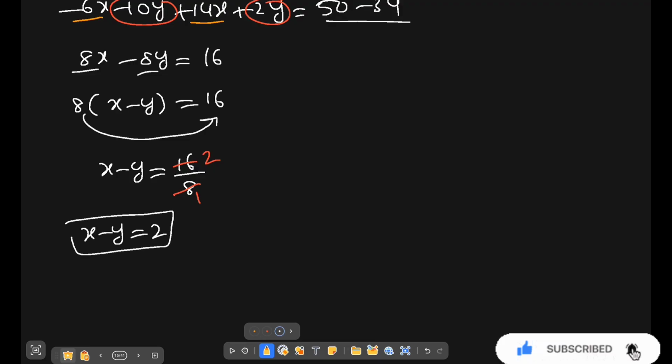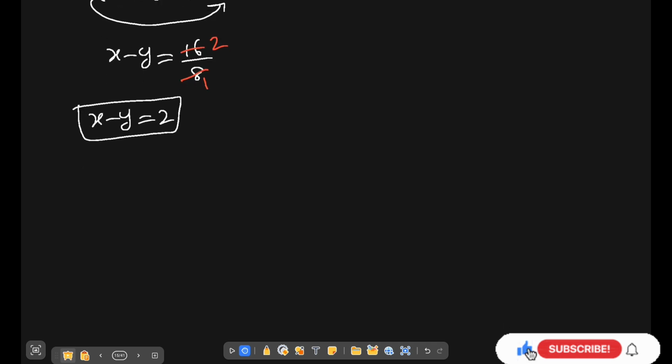So this is the relation between x and y. Now we have to find a point on x-axis which is equal distance from A and B. When the point is on x-axis, the y coordinate will be 0, right? So let's take y equals to 0.